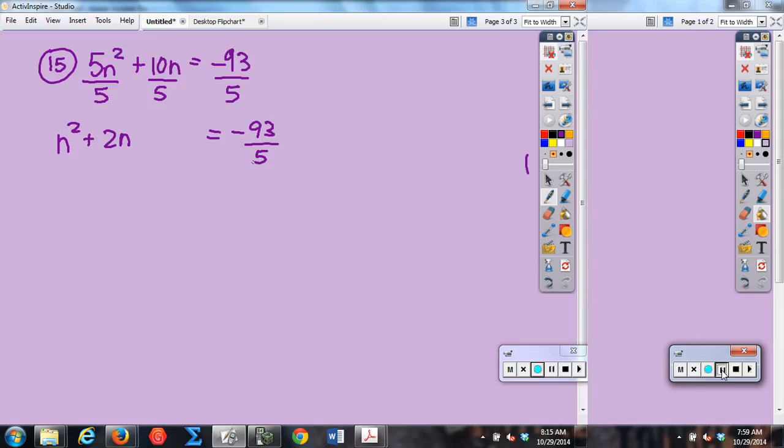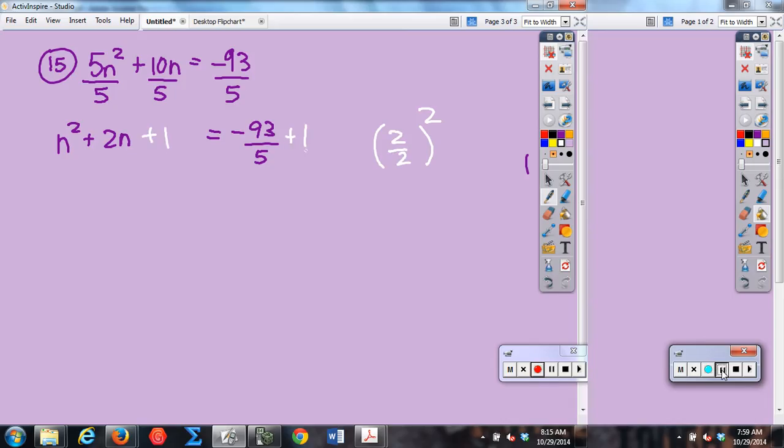So now I need to decide what I'm going to add to both sides. So what number do I divide and square? Yep, so 2 divided by 2 is 1, 1 squared is 1. So add 1 here, add 1 here.